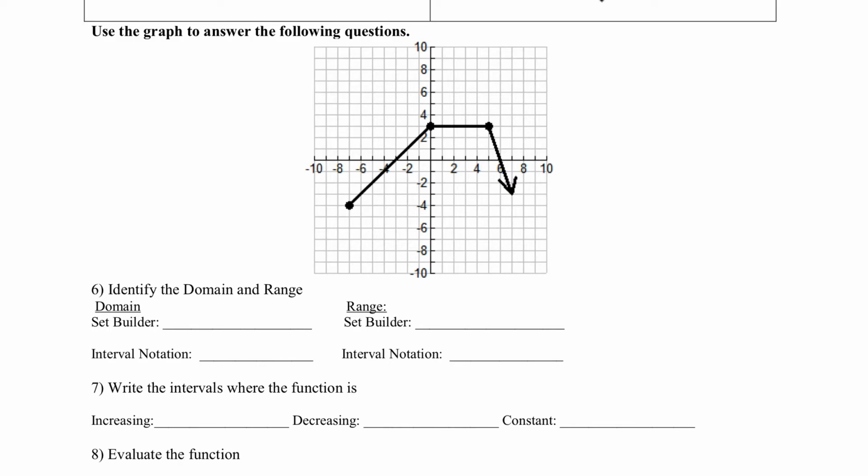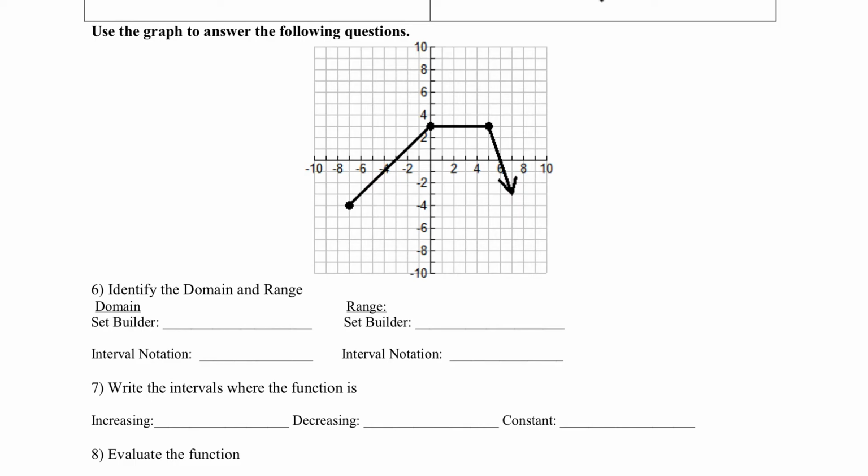So it says use a graph to answer the following questions. And you notice that you have an arrow at the end of this function. So it says here to identify the domain and range. I'm going to work with you in identifying that. So now we are talking about domain and range. I'm going to use highlighting the way I showed you.